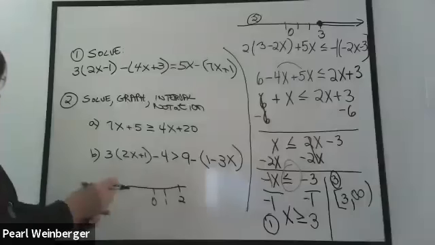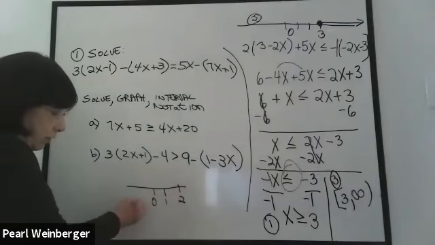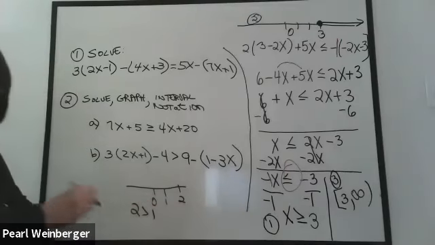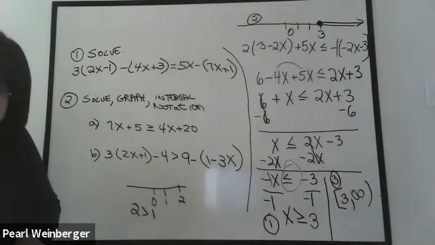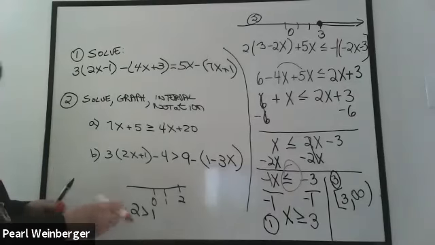It's clear that 2 is to the right of 1. So therefore, 2, we know, is greater than 1, correct? Would you say that's a correct statement? Yes. Okay. I'm going to divide both sides of this inequality by -1.